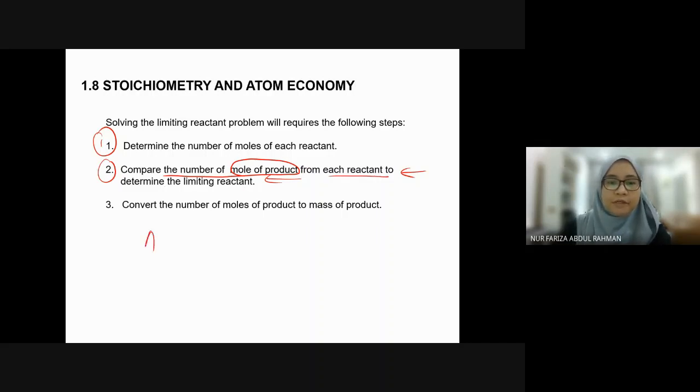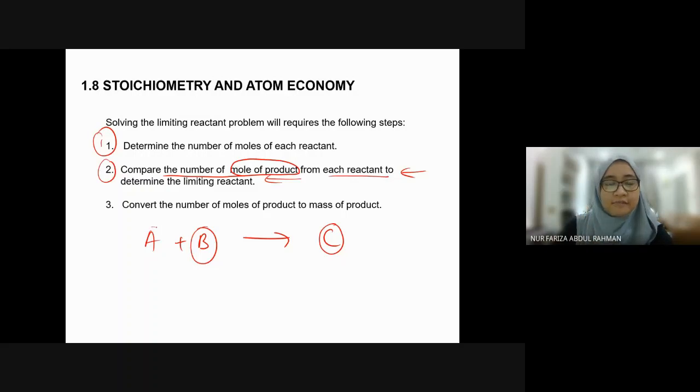For example, you have A and B producing C. You have to compare the mole of B with the mole of product C that can be produced. That is the first step.